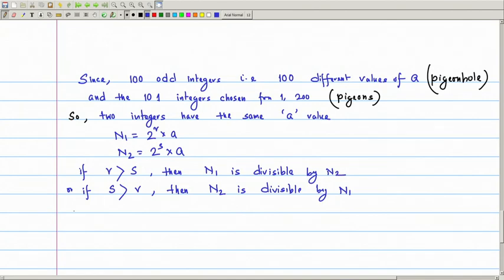So, we prove that there exist such integers.